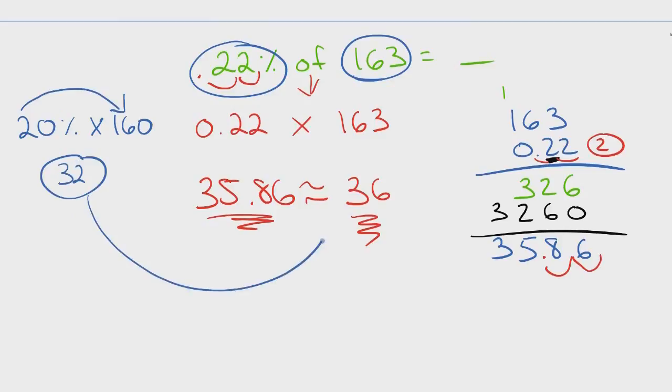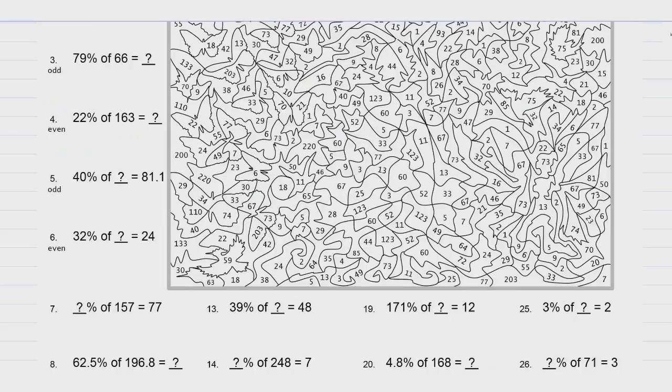Well, check it out, 32 is really close to 36, so I'm pretty sure that my answer is correct. And again, you don't have to do this all the time. I just wanted to show you, just in case your teacher says, make sure you check your answer. This is a quick way to say, hey, I checked my answers. The answer for that one is 36.